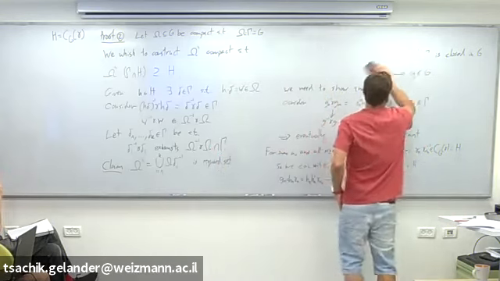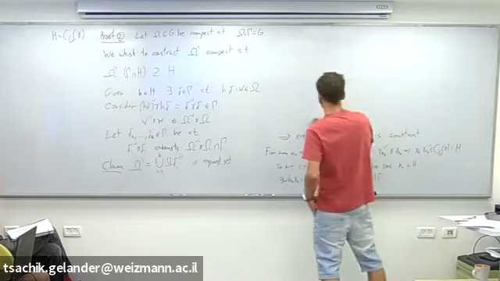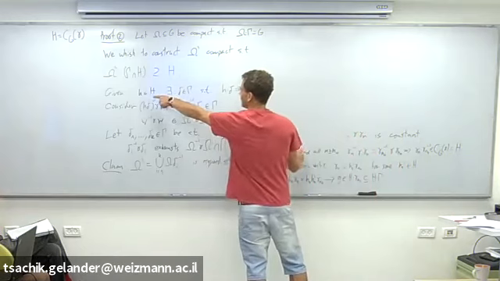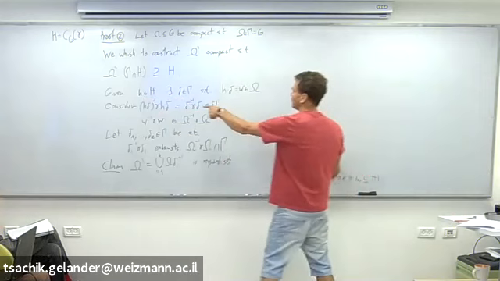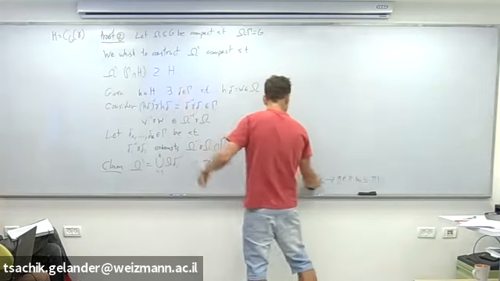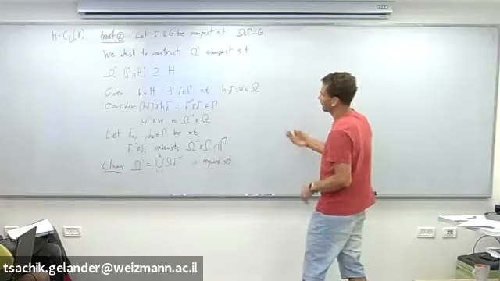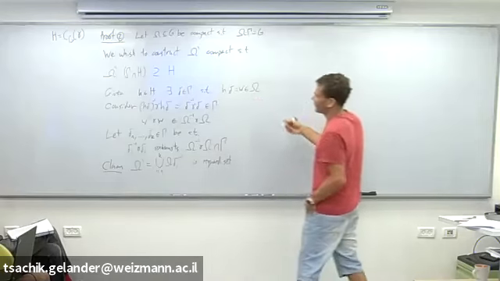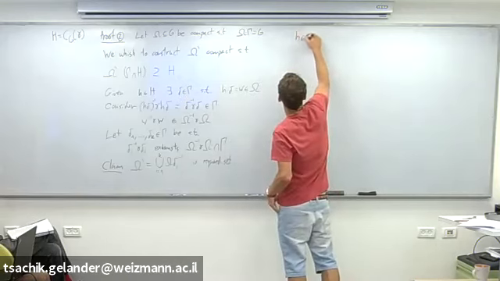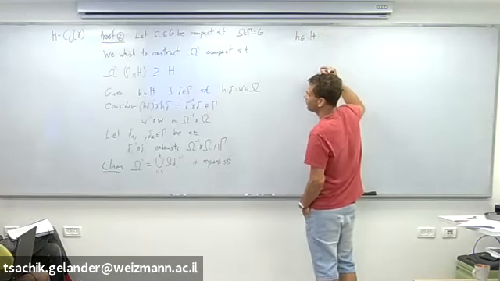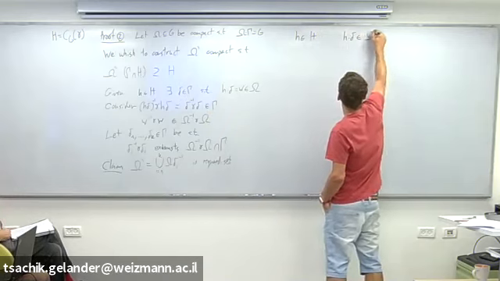So let's come back to the original element. And now I want to move it by an element in delta. Consider again the same element H like before. We know that H times delta is in omega.